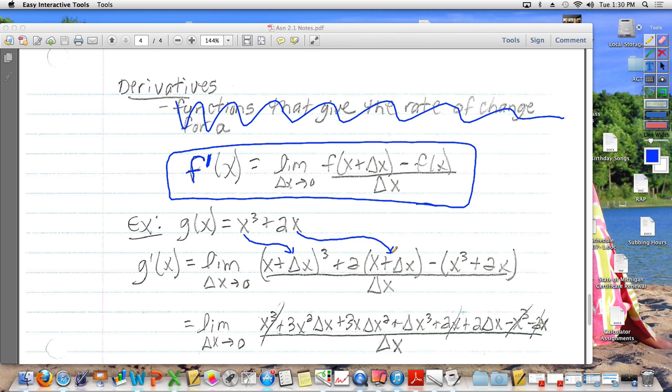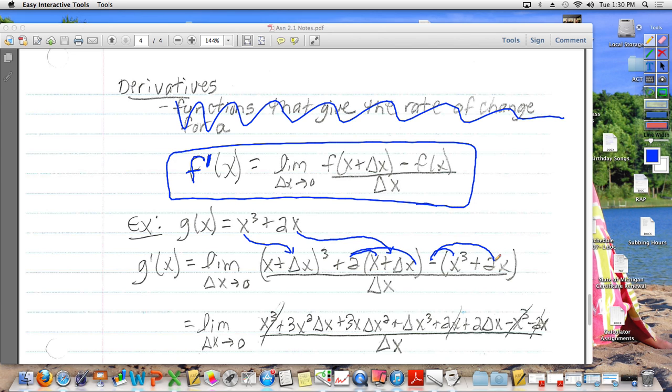It's all of this stuff. Okay? And then you're going to distribute the 2 in, getting you 2x plus 2 change in x. I distributed the 2. And then I have to distribute the negative sign in, getting me minus x cubed minus 2x. All of this divided by the change in x.